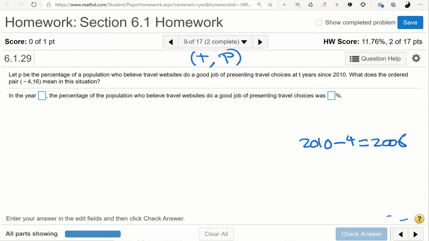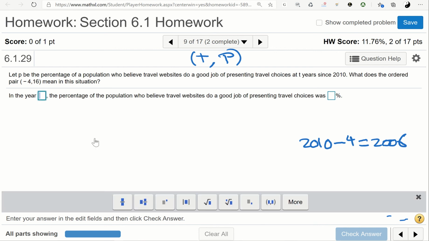So let's go ahead and see how we would type that in. So we know that in here we need to put 2006. The percentage of the population who believe travel websites do a good job of presenting travel choices was 16%.